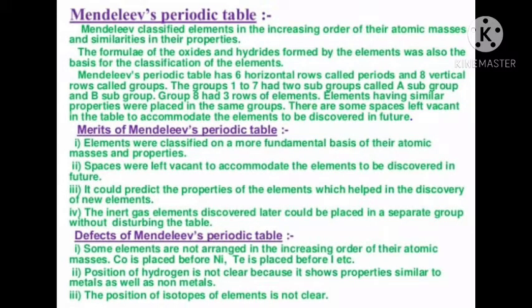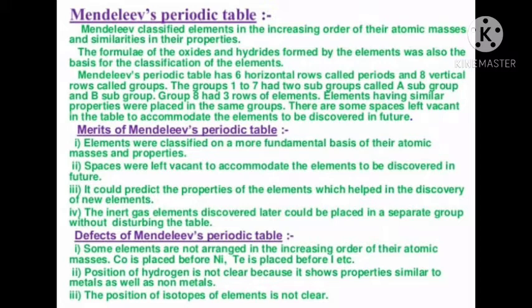Summary of Mendeleev's periodic table. Mendeleev classified elements in the increasing order of their atomic masses and similarities in their properties. The formulae of the oxides and hydrides formed by the elements were also the basis for the classification of the elements.